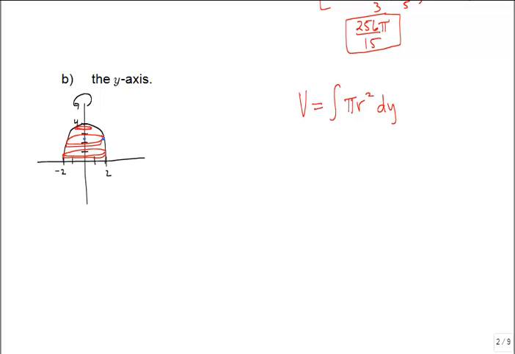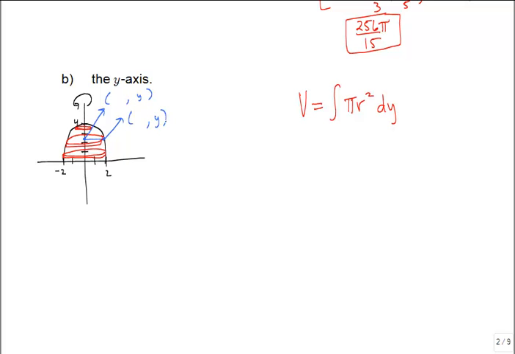If I want the radius, that's going to be this horizontal distance going across. So I need to know these two coordinates. Now notice this time, these 2 points are both at the same height, which means they both share the same y coordinate. So I'm going to label the y's as just y.